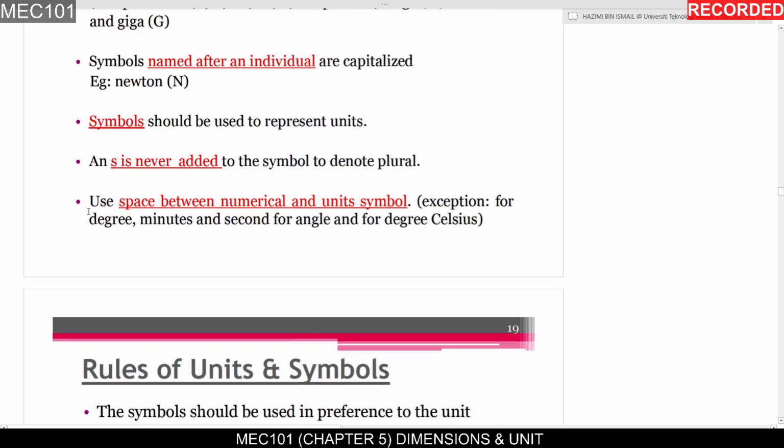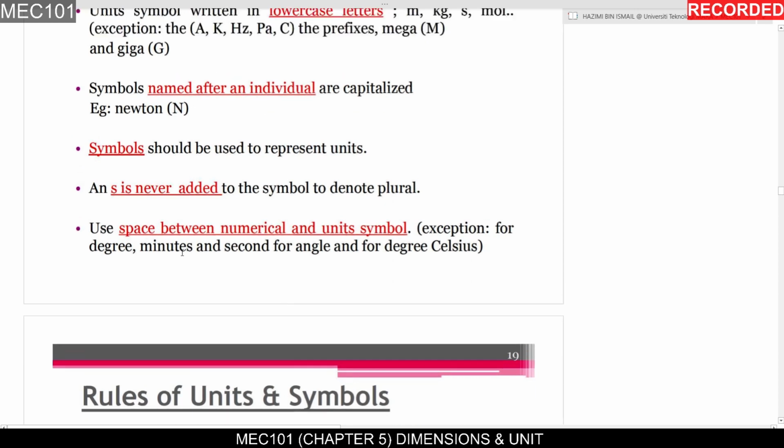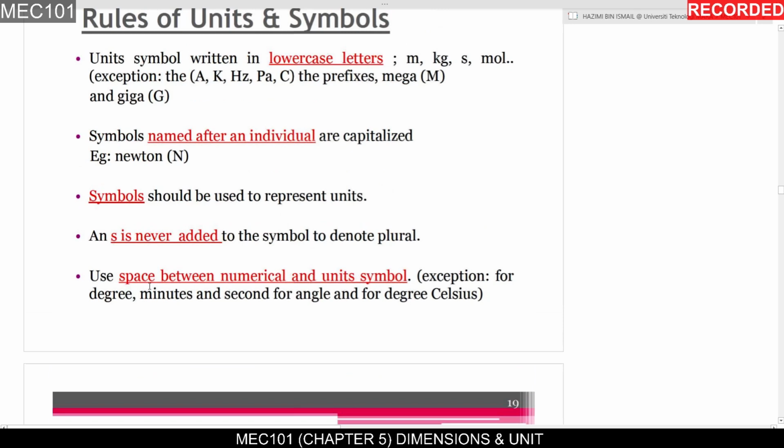Use a space between the numerical value and the unit symbol. You must remember that between the numbers and the units, there must be a gap space. Exceptions are degree, minutes and seconds for angle, and degree Celsius.